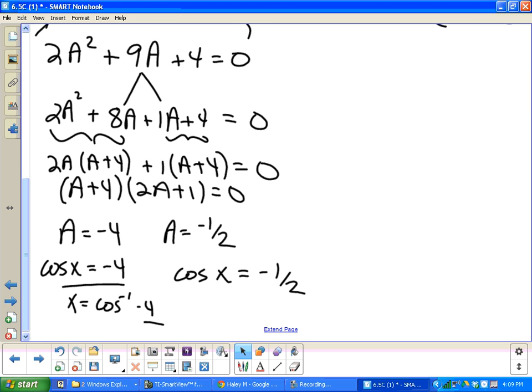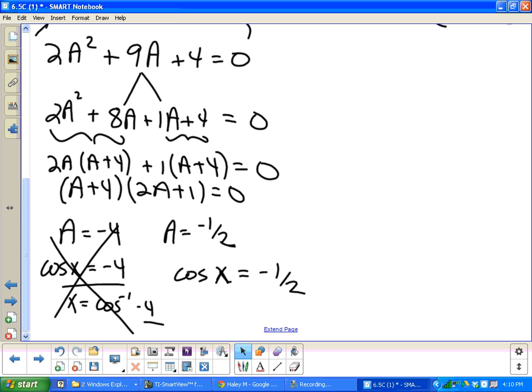That doesn't fall between negative 1 and positive 1, so I'm not going to get anything from that. It has to be something that falls on my unit circle, and certainly negative 4 does not.